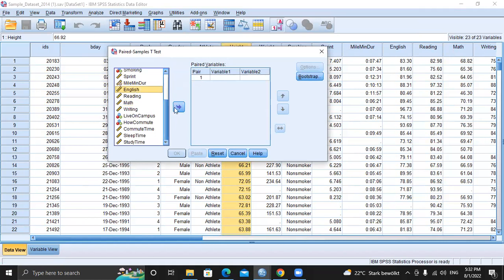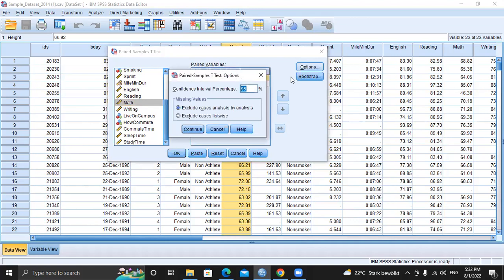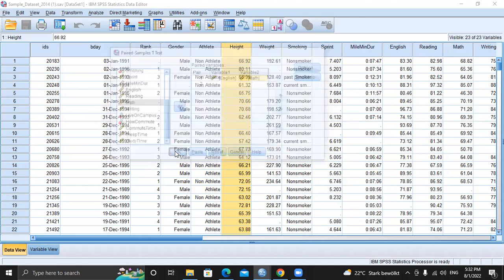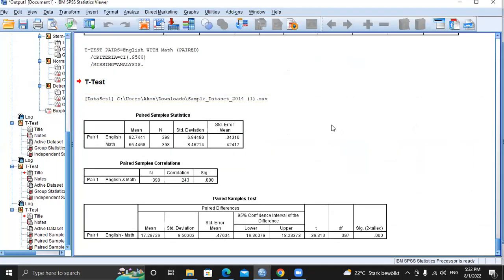We just want to compare if the performance is the same using those two subjects. So that's all. You go to options, just click OK. Yes, take English and math. Do we have any significant difference between the performance of students?